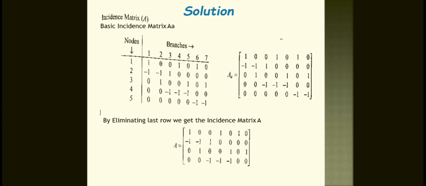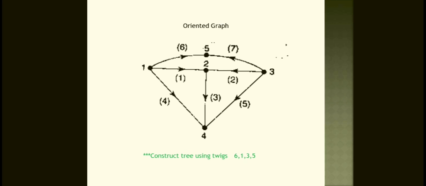Now you take the complete incidence matrix A. You have to arrange the matrix according to the nodes and branches. There are 7 branches, 1, 2, 3, 4, 5, 6, 7, and 5 nodes. Consider how the current directions are incoming or outgoing. For example, take the first node.